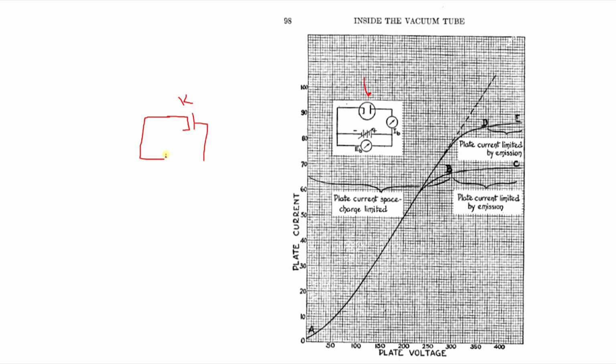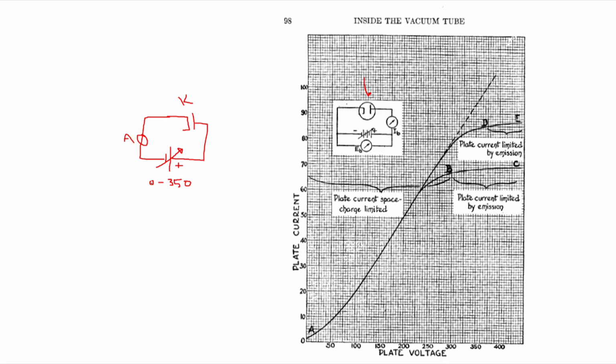And we are going to apply a positive voltage, and this is a variable voltage source. We're going to go from 0 and ratchet it up to roughly, say, 350 volts. And we're going to have a little ammeter right here.